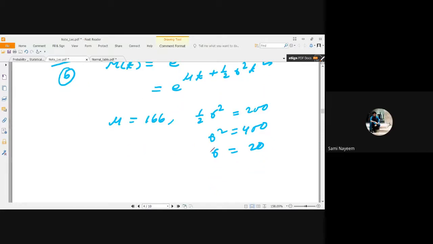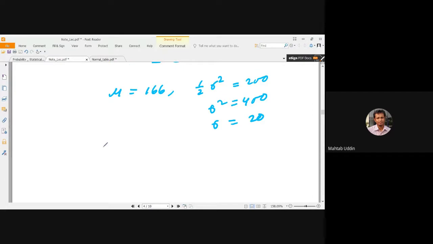Yes, sir. So the mean is equal to mu, equal to 160, and variance is equal to sigma square, equal to 400. We got those things.